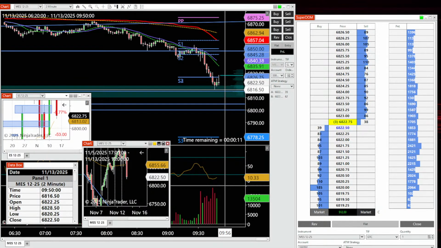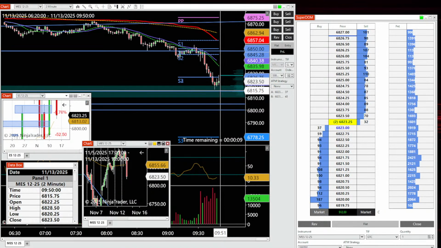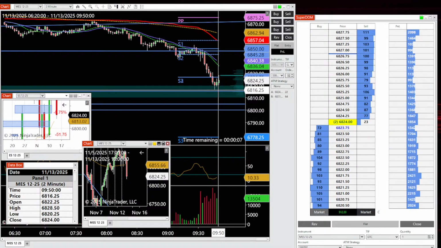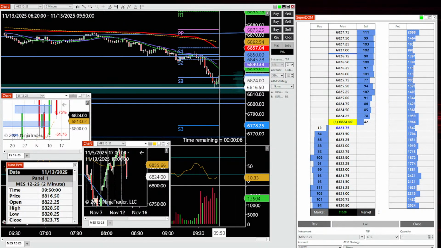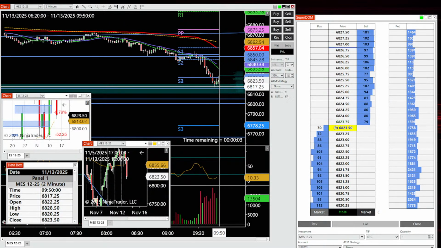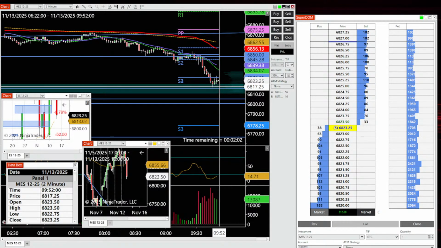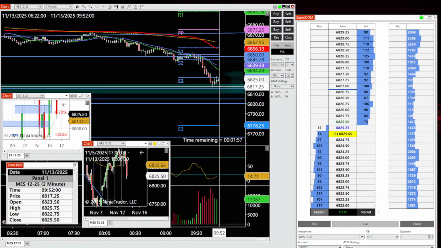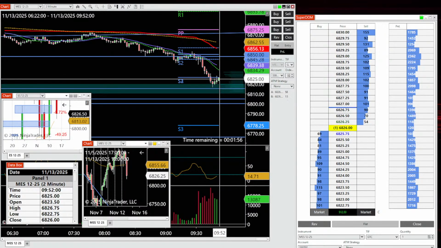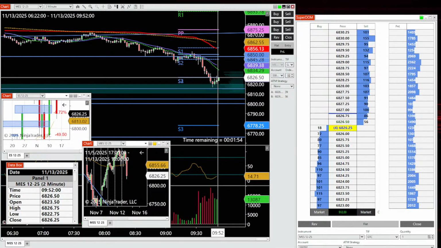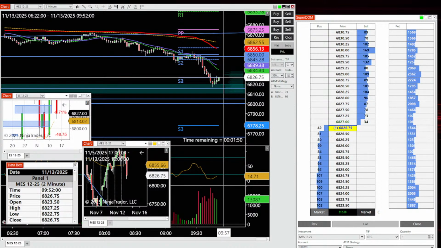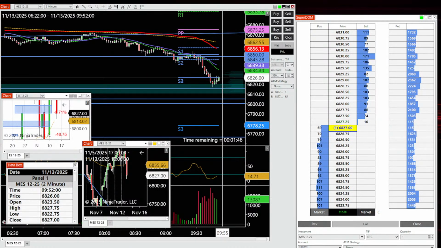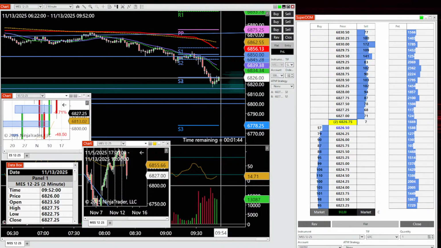It did a pop to 28. Okay. Backtesting this resistance and support. Well, it was support. Let's see if it turns into resistance.